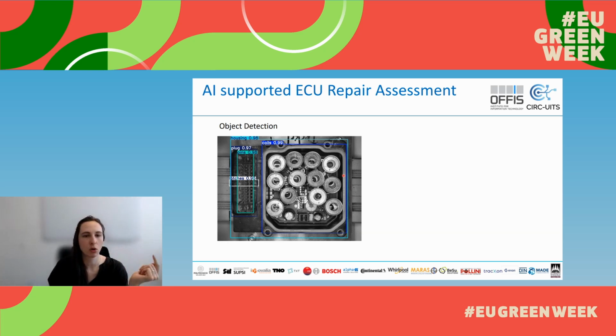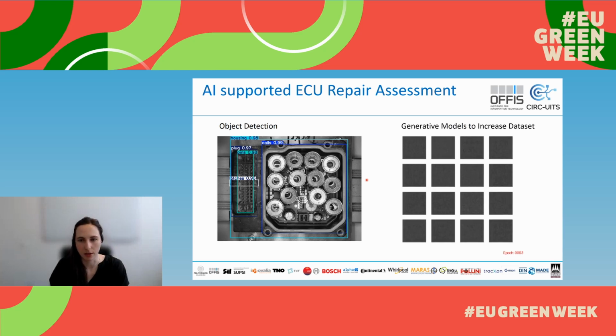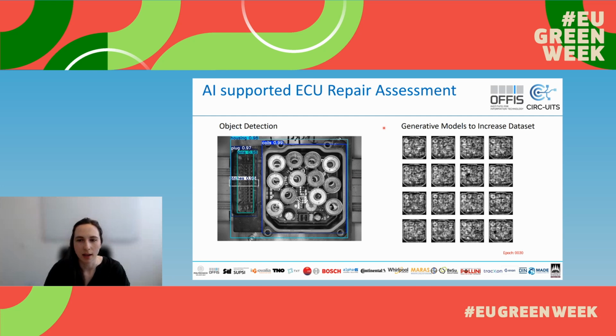And now I go to the coils, and we want to train an algorithm to find out those that don't work or that are broken. Because in our case we had a very low sample size, we used a generative model, which we can see here on the right side, and we can see the training.